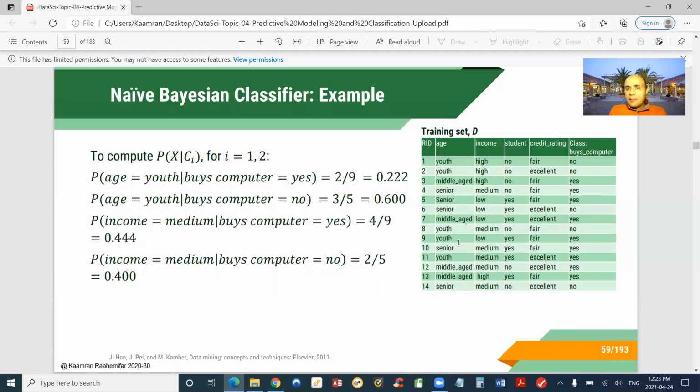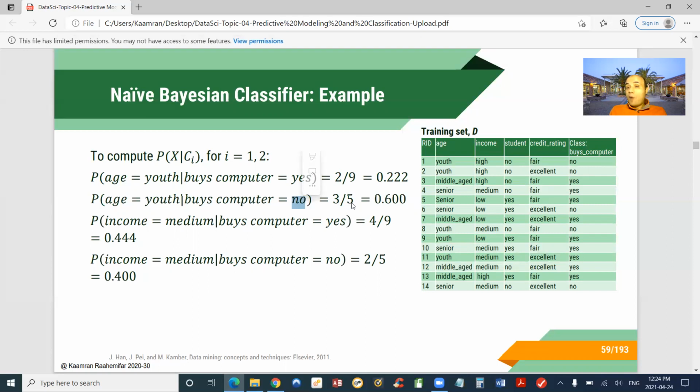Yeah, so this is 1 yes, this is 1 yes, that's 2 yeses, and 3 nos. So we are talking about 3 nos out of 5, out of all of the youth. And then we have yeses and the age youth. So what do we have? So we have yeses.